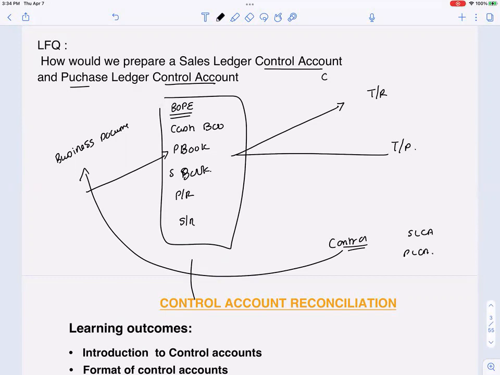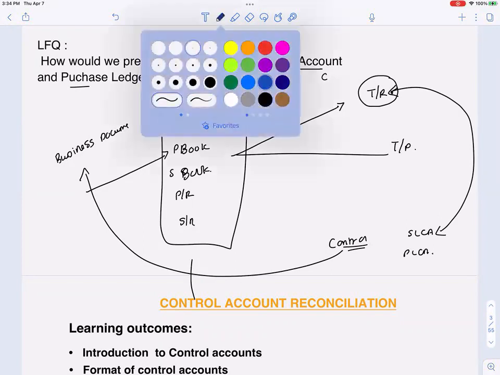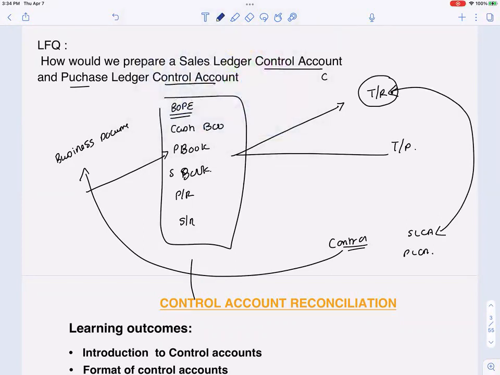Okay. So trade receivable account resembles what? Trade receivable account resembles the SLCA. Trade payable account resembles what? PLCA.